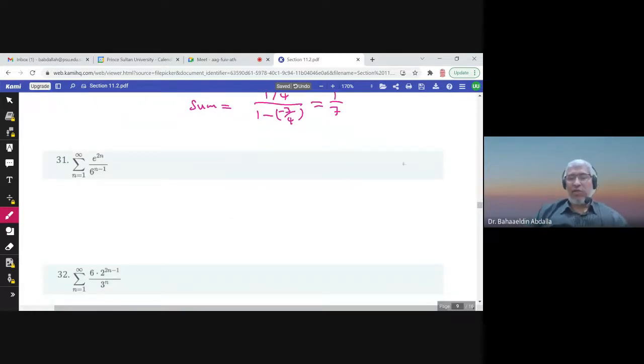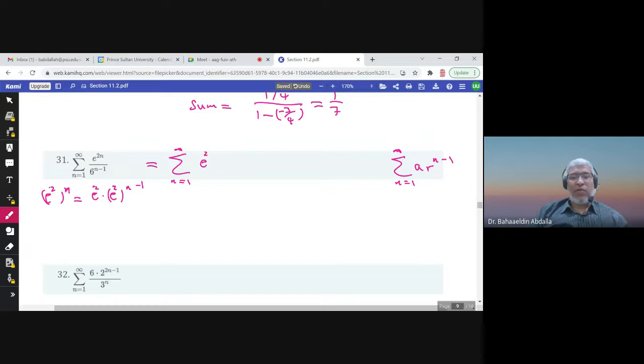Here also it starts from 1, so I need to compare it with this definition of the geometric series. e to the power 2n, I write as e to the power 2, all to the power n, and then I write it as e to the power 2 to the power 1 times e to the power 2 to the power n minus 1. 6 to the power n minus 1 is okay. So this would be summation from 1 to infinity.